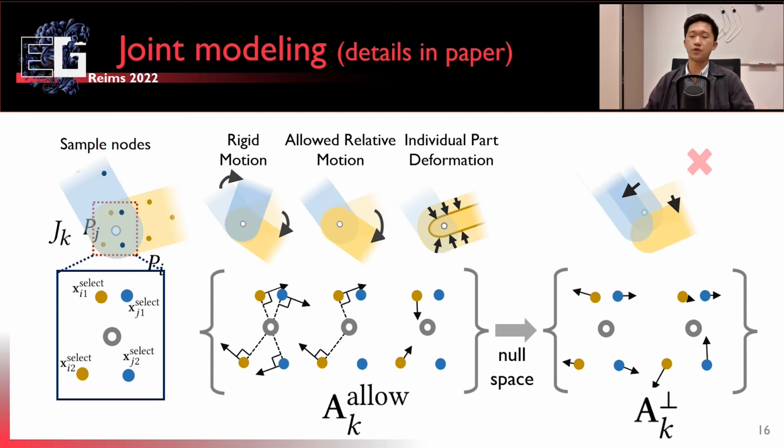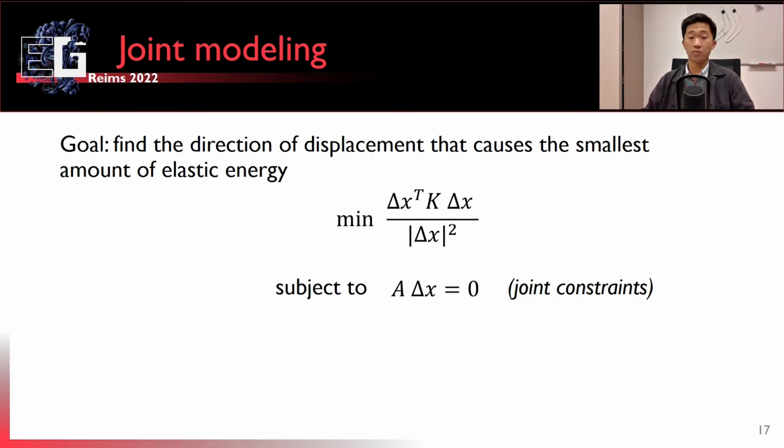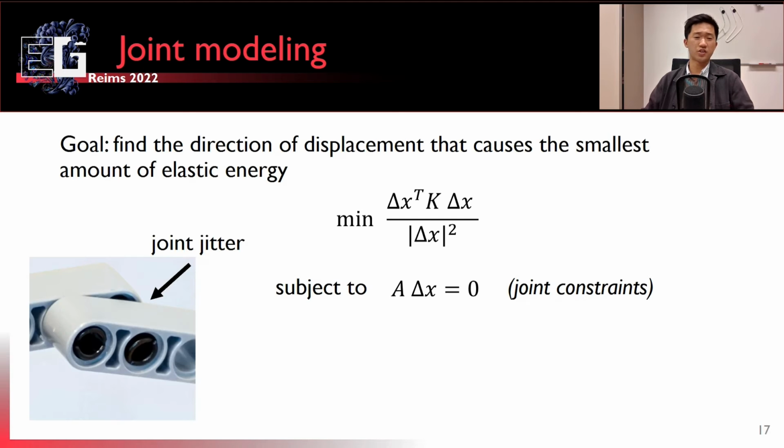If we do this for each joint in our assembly structure and aggregate them together, we get a joint constraint of the form A delta x equal to 0. This is a hard constraint. By doing this, we didn't really take into account the joint jitter effect, because with a hard constraint we actually assume the joint itself is perfect.